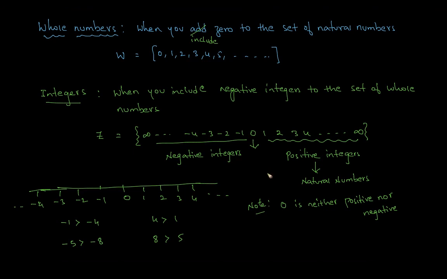So you should include 0 in both cases, right? Understood? Clear? Any doubts?